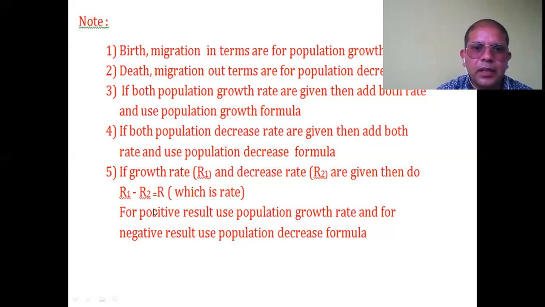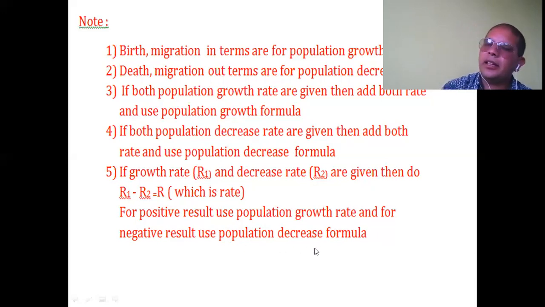Again, if growth rate R1 and decrease rate R2 are given, then do R1 minus R2, and you will get the new rate R. If this R is positive, use the population growth formula. And if this R is a negative result, then you can use the population decrease formula.